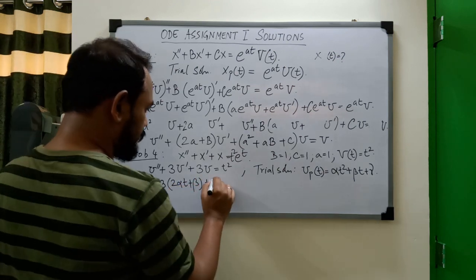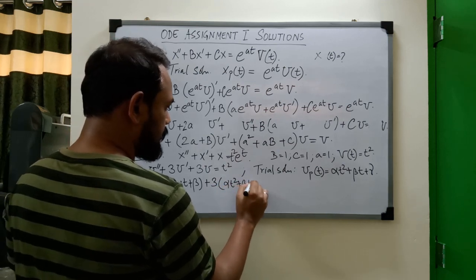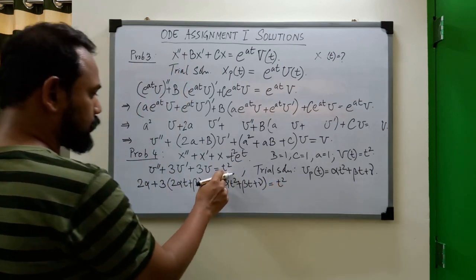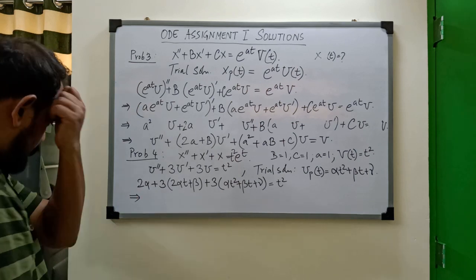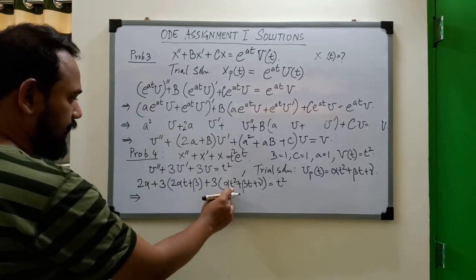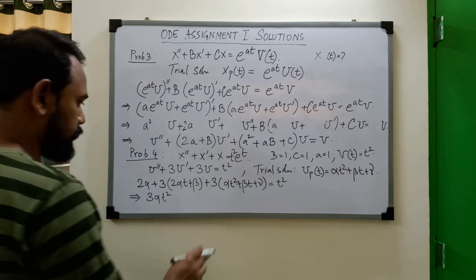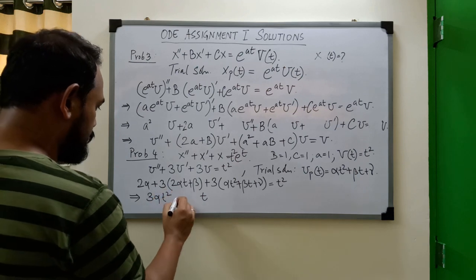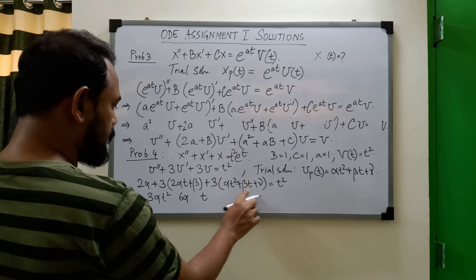And if you don't differentiate u at all, you're left with what it is, alpha t squared plus beta t plus gamma equals, you better get t squared on the right, because this is a trial solution for this equation. Let's just group things. So I want to put the t squared term first, which gets 3 alpha as its coefficient. I want to do the t term second, which gets 6 alpha from here, and 3 beta from here.